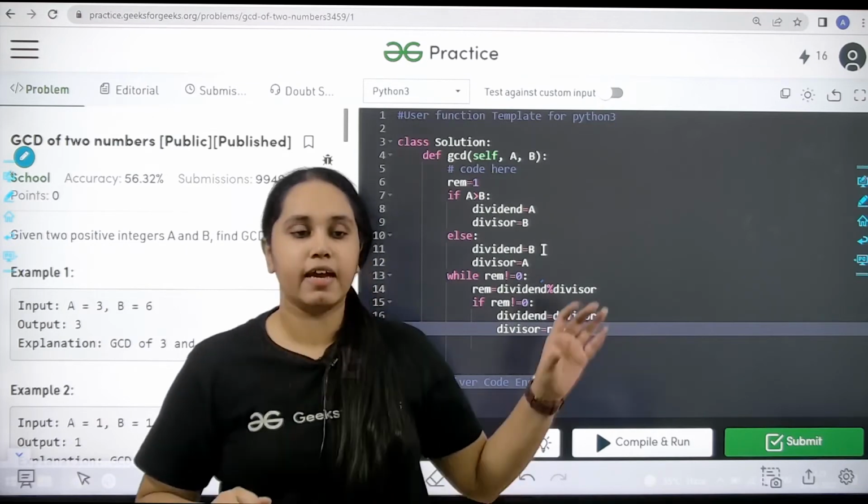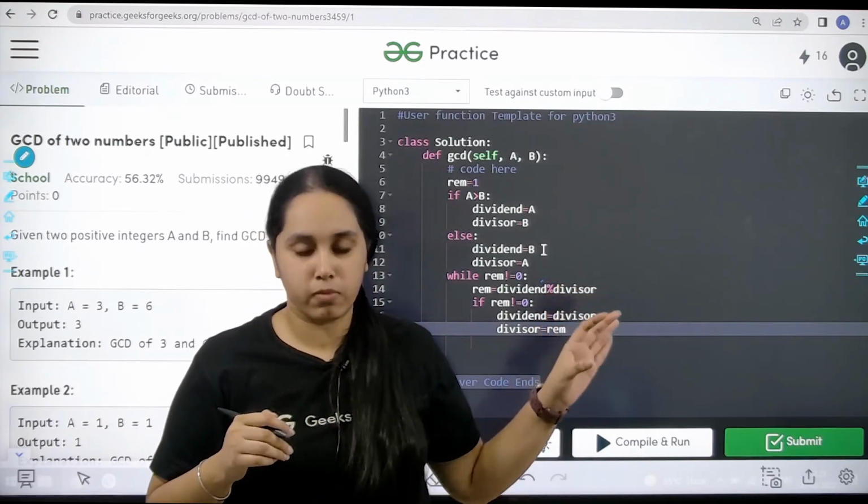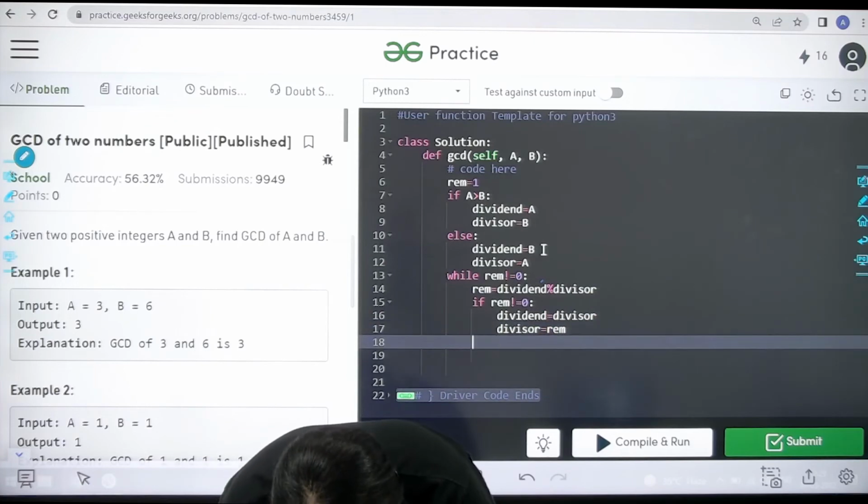And finally I will return with the value of my divisor.